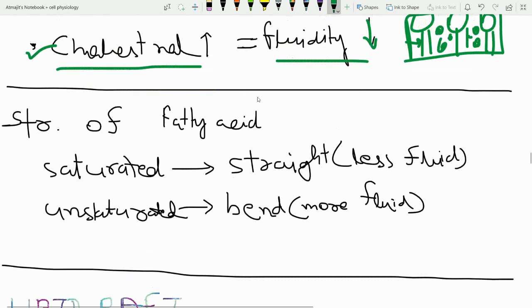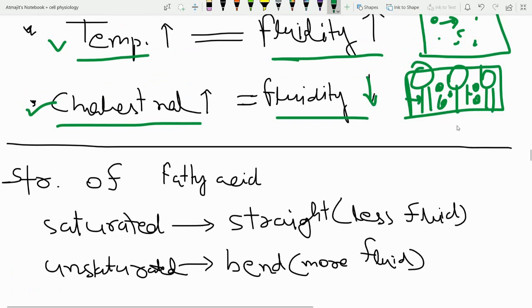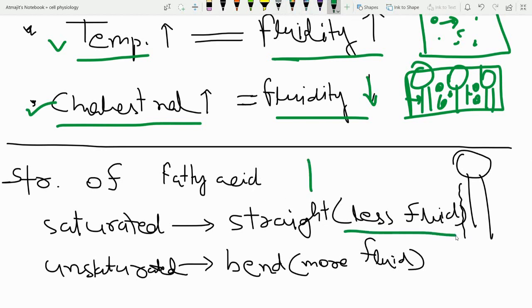Structure of fatty acid. Here is the head and here is the tail. If these tail structures are straight, then they are less fluid because they are saturated.